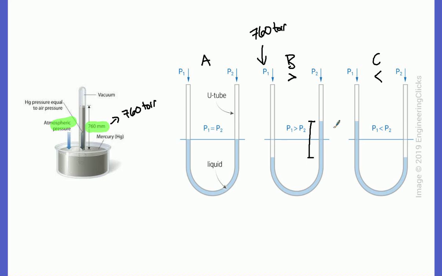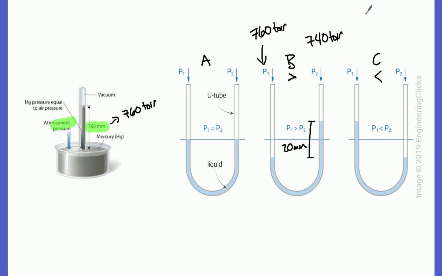So if I knew that difference was 20 millimeters, then pressure 1 is 760 torr, but pressure 2 is obviously 740 torr, because it has to be a smaller pressure than pressure 1, and the difference literally gives me the torr units.